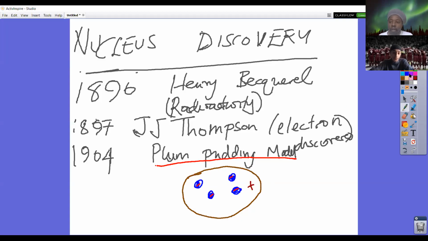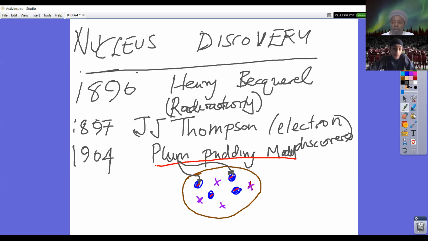Let's go for purple. So the bulk of the pudding was positively charged, and the electrons were embedded in it. So the plums are these blue things, the electrons.